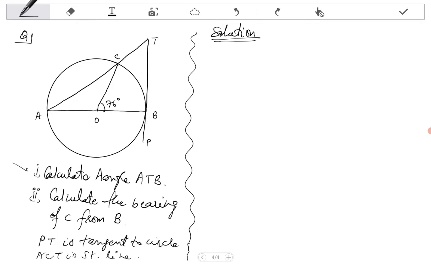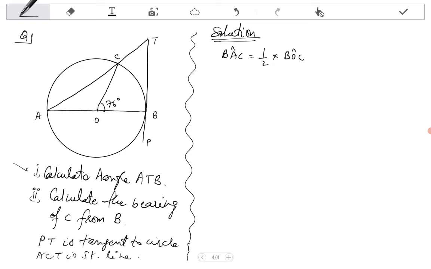Angle BAC is equal to half of angle BOC.